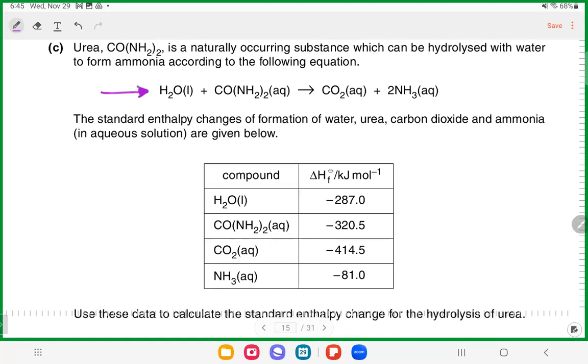Don't forget to multiply the formation value of ammonia by 2. This is a common error.